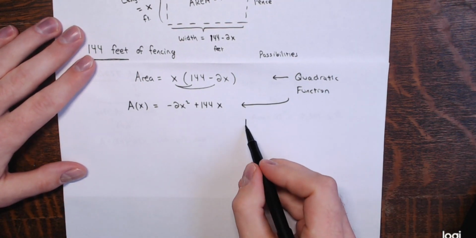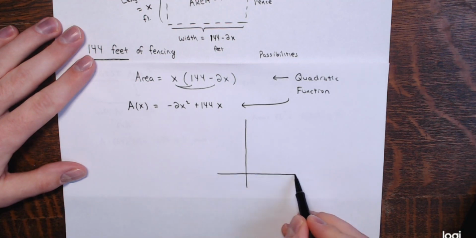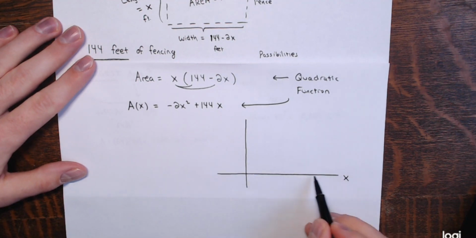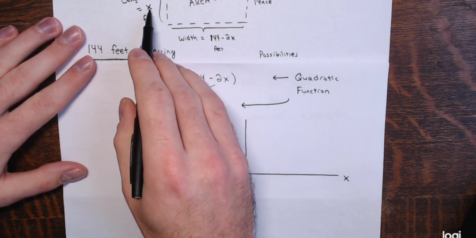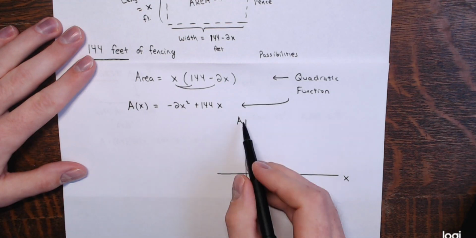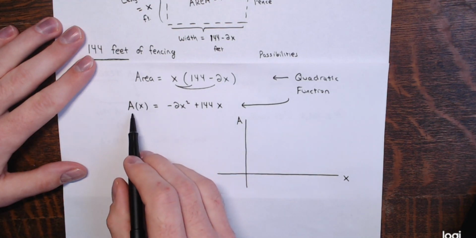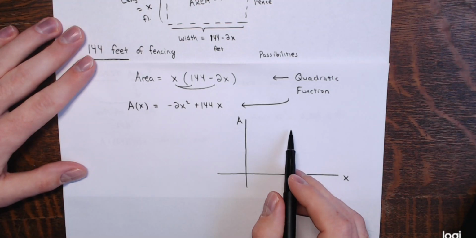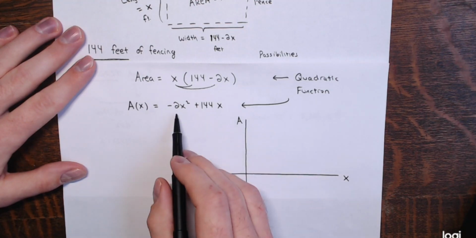And if we're trying to find the largest value of the area, let's look at a graph of this. I have my horizontal axis will be x, my choice of length, right? And then the vertical axis will be values of A, right? The outputs are areas here. And the maximum value will occur at the vertex, right? This is a parabola opening down.